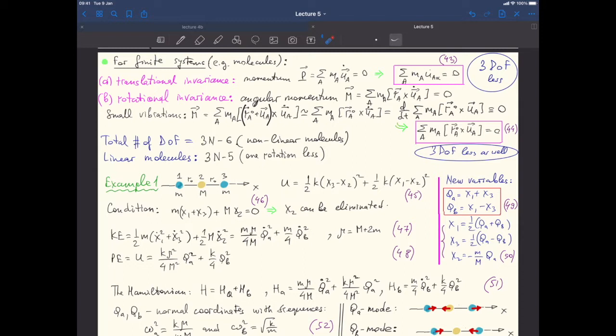So, in other words, we have to exclude translation and rotation in order to have only vibrations presented.